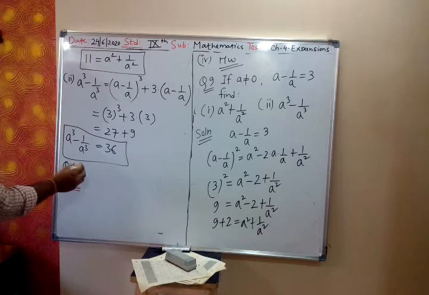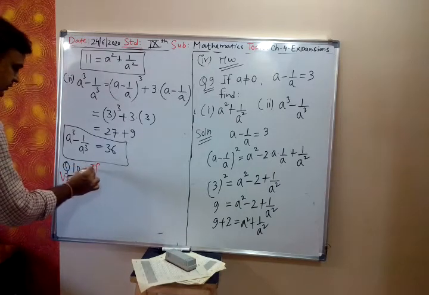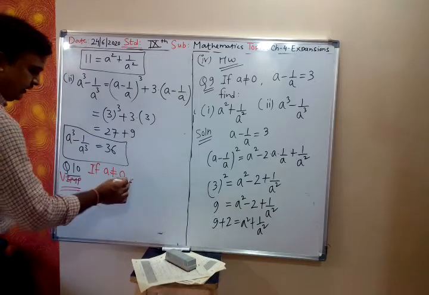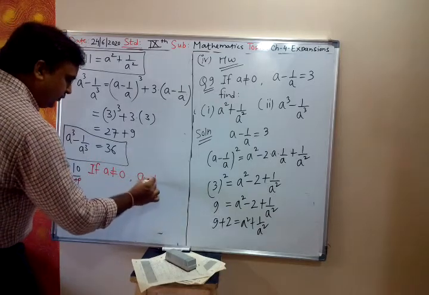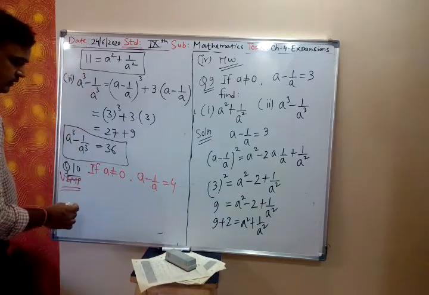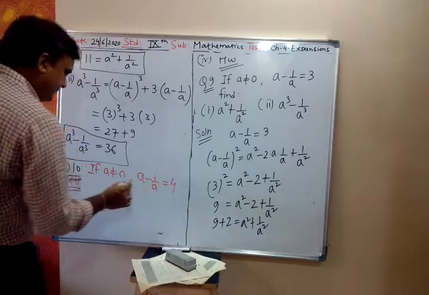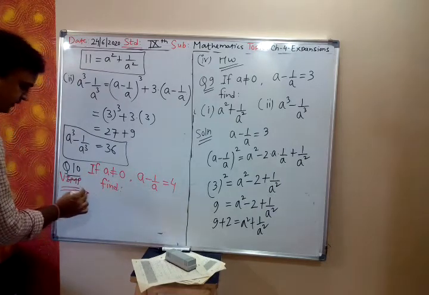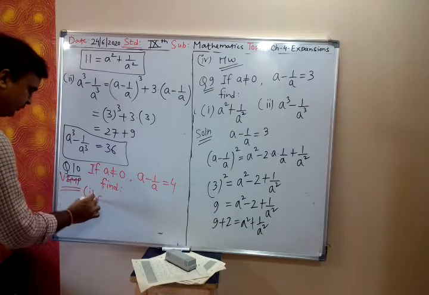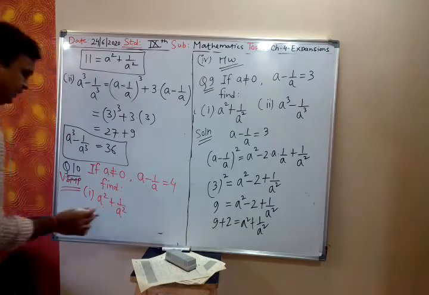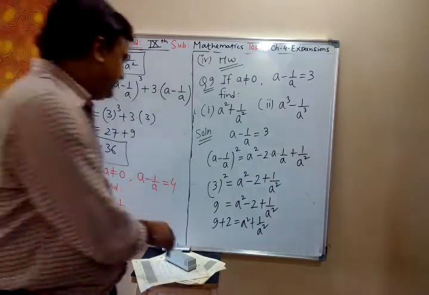If a is not equal to 0, and a minus 1 upon a is 4, then find first, a square plus 1 upon a square.